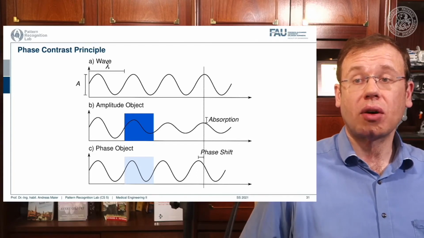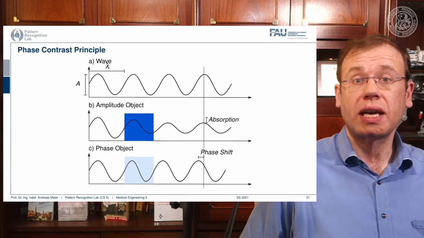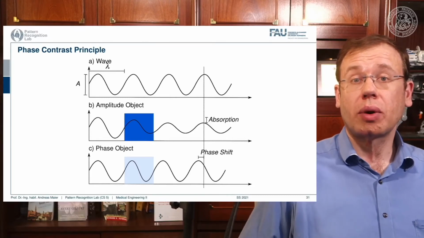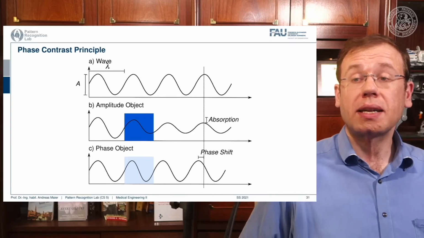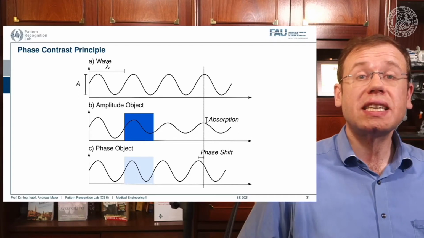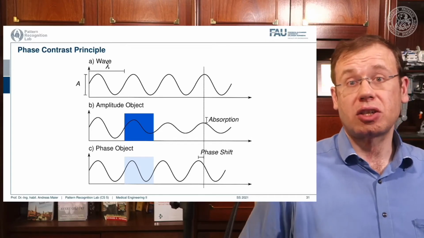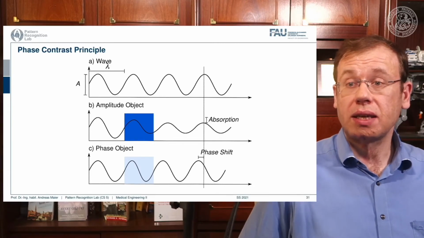So we enter the object, and from the beginning of the object to the end of the object, we see a gradual reduction of the amplitude of the wave, and afterwards we propagate through our empty media, so there is no change in amplitude anymore. But at the detector that is indicated here with the line on the right hand side, we see a difference in absorption, and the difference in absorption is essentially the Brightfield microscopy effect that we can image.